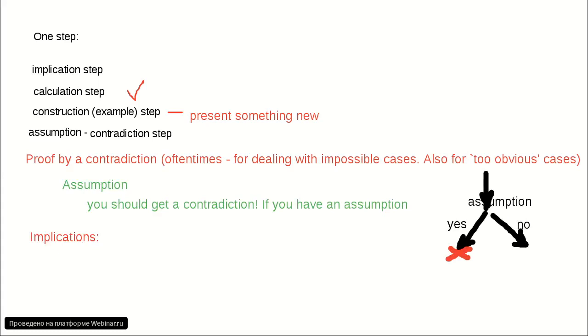So the first level is external level, external level of explanation. It consists of 2 parts.